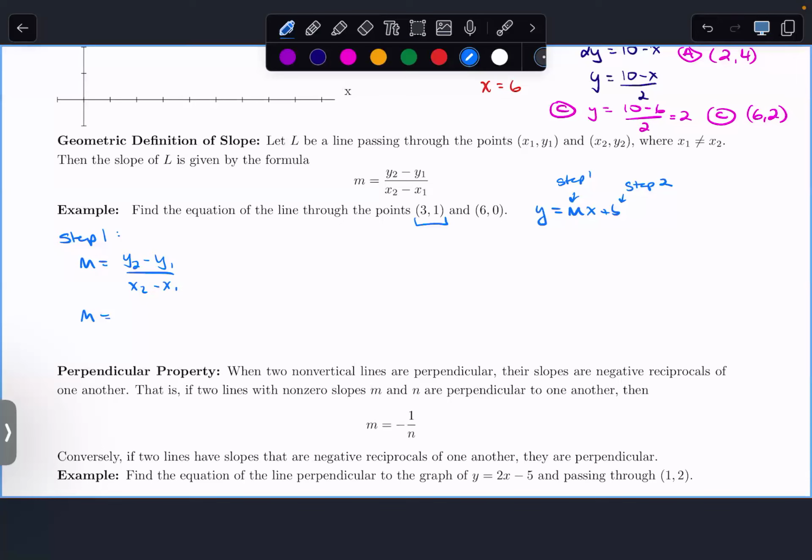So I'm going to let this be x1, y1, and this be x2, y2, just because 3 is less than 6 on the x-axis, so it makes more sense. In that case, y2 is 0, y1 is 1, and x2 is 6, and x1 is 3. Negative 1 divided by 3.